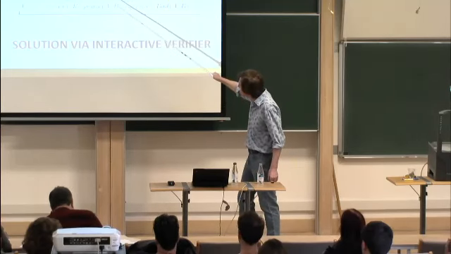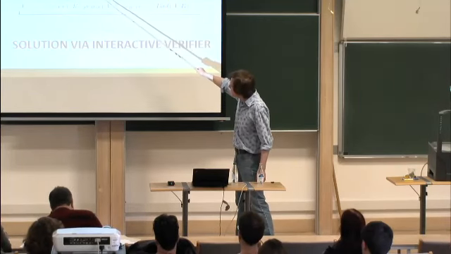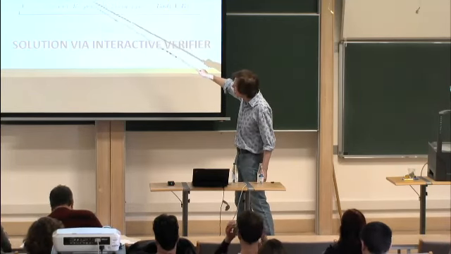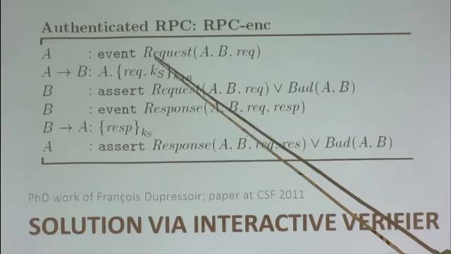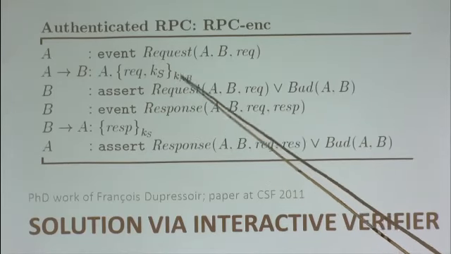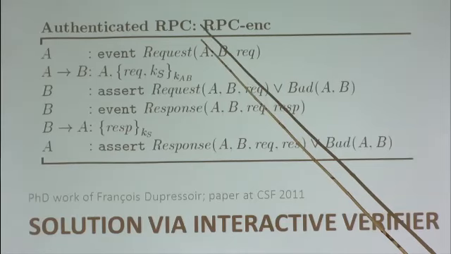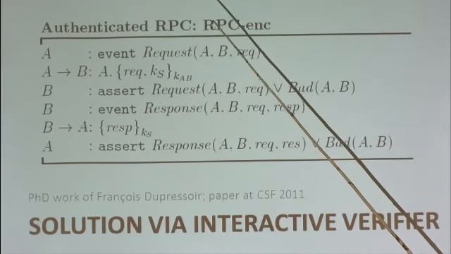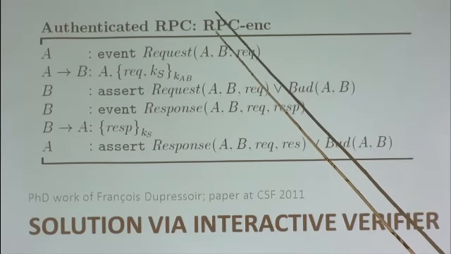And the other thing is that in this version of the protocol, I'm going to have events that will be logged in ghost state. Remember this sort of ghostly stuff, the state that kicks around in the program and doesn't actually directly affect concrete execution, but is used for specification.